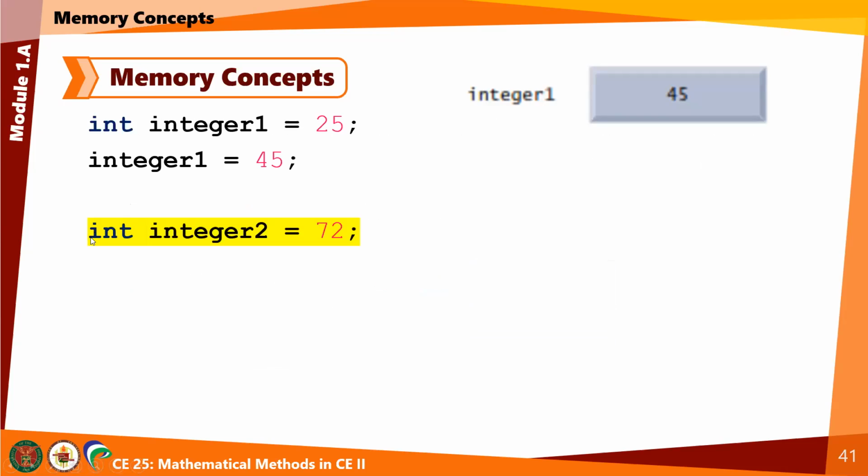Now, I declare another integer. I declare integer 2 as an int. So this is another memory space. After this line, the value of the memory space named integer 2 is equal to 72.